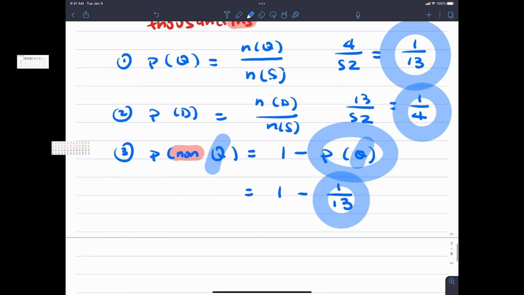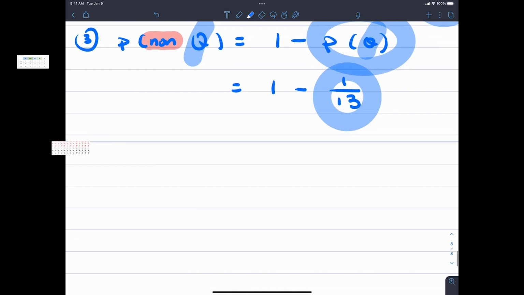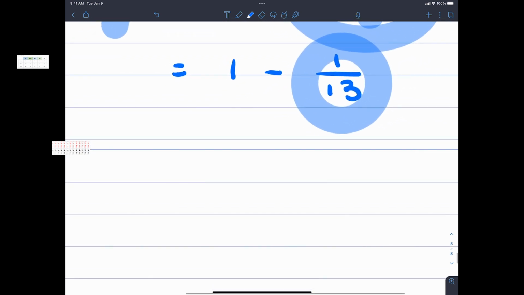Now, what you're really looking at here is arithmetic with fractions. A whole number minus the fraction 1 over 13. Now, do you guys remember, how do you actually subtract fractions? Do you guys know?